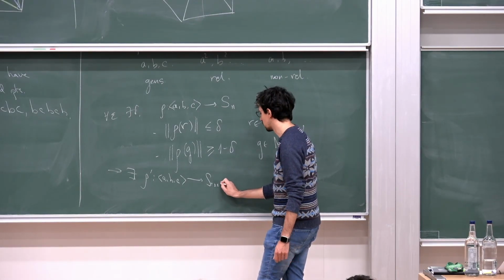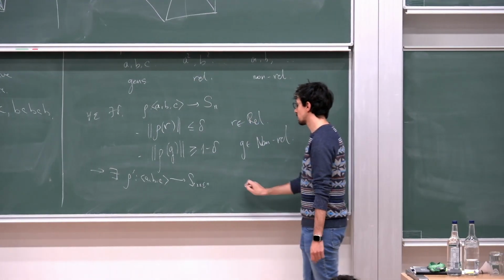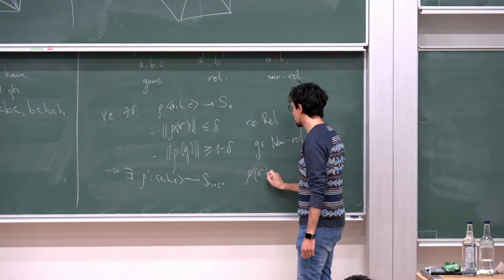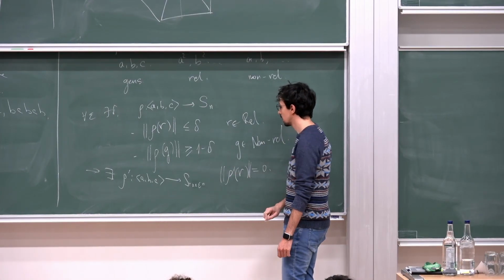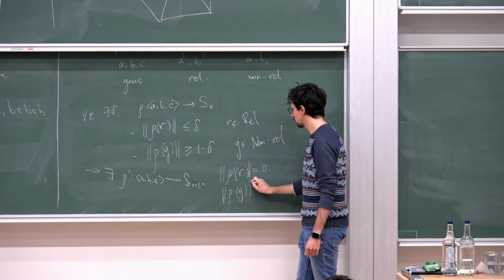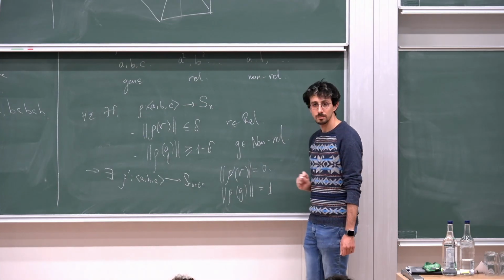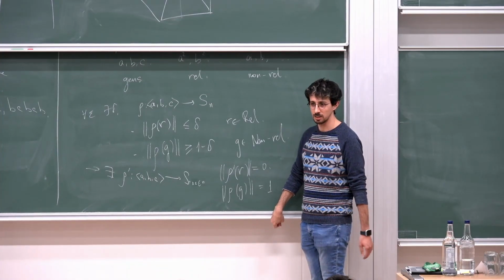What's the epsilon n? Such that now these are really satisfied. Let me write it in norm. And these are really not satisfied. Whenever I write norm, I mean the normalized Hamming distances.